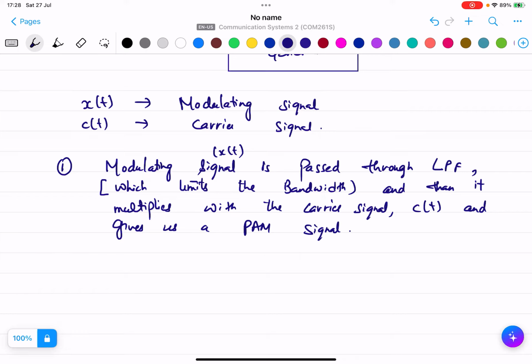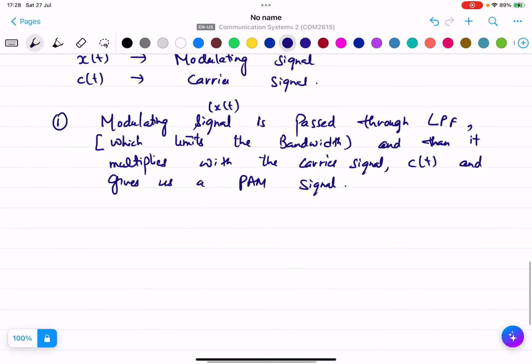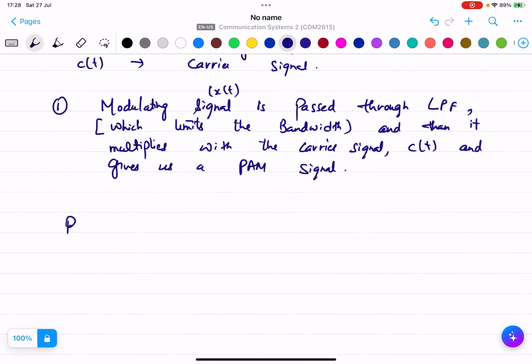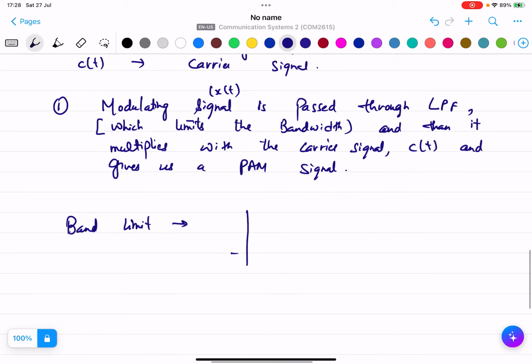What do you mean by band limit? If we need to pass certain frequencies, and certain frequencies we need not pass, this is the band limit.